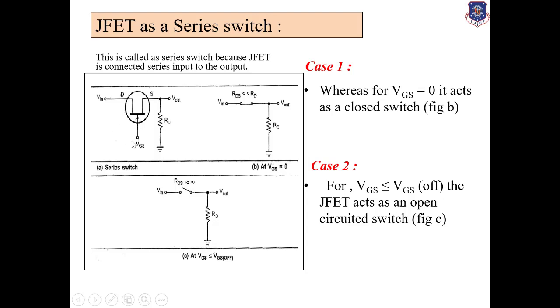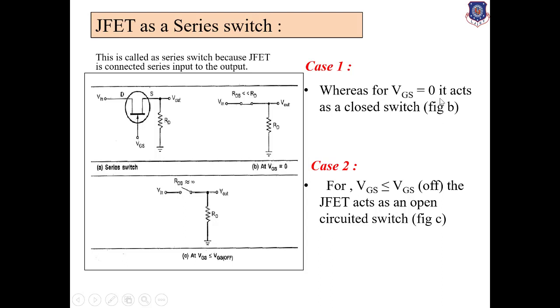First of all, we will consider this main circuit diagram, in which we are connecting the input in series with the JFET. Read it carefully: the JFET is connected in series with the input to the output. So the JFET is connected in series, case 1 and case 2.